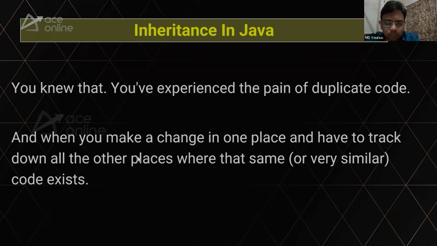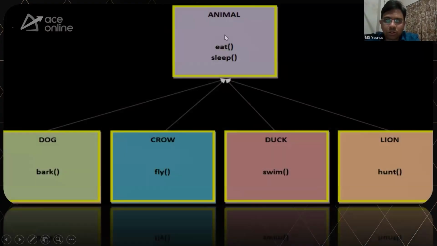So to overcome all these things, we introduced inheritance. Instead of having these methods duplicated in every class, like the eat method and sleep method, we created a specific class called the animal class, where we implemented our eat and sleep methods. Now every class inherits this animal class and has its own specific methods.